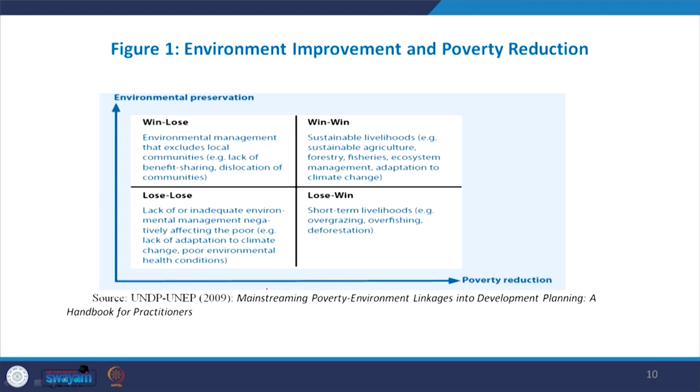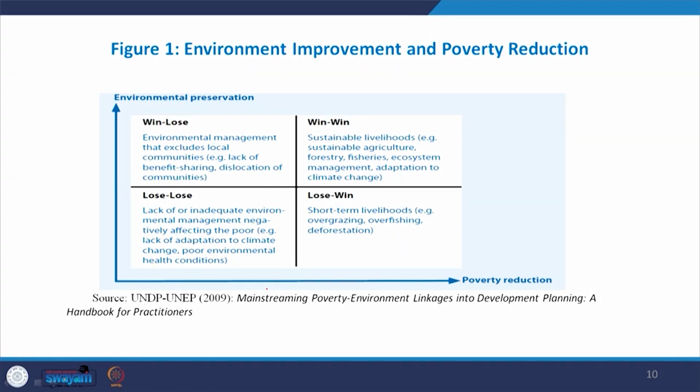Same things related to deforestation. So, in nutshell we can see that if you want to establish the relationship between environmental improvement and poverty reduction, then you have to initiate such kind of activities which not only improve the environmental conditions, but also improve the income level of poor people and can reduce the poverty.